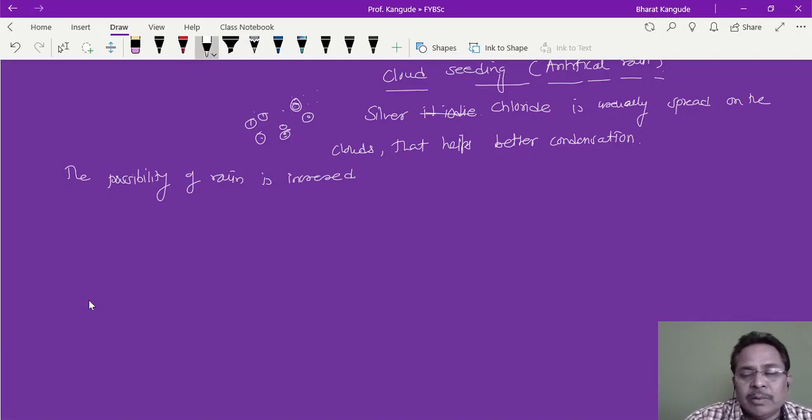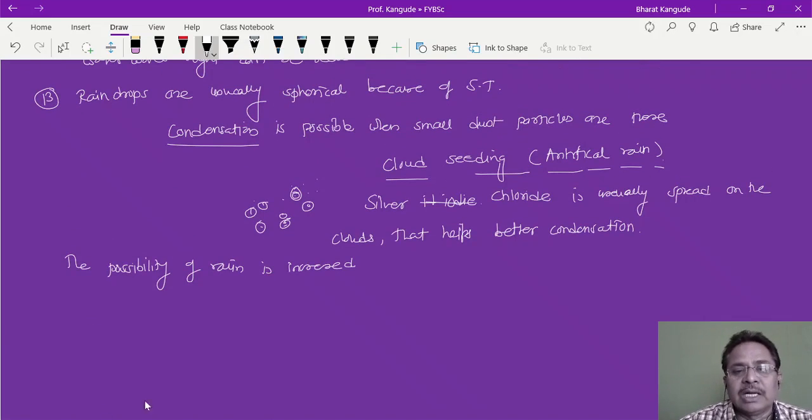So you might have heard about this artificial rain. In artificial rain we spread some material like silver chloride or silver iodide on the clouds, and whenever this is done, the condensation process takes place very fast. Such drops are formed easily, and then the possibility of rain is increased. So artificial rain is another very good example of surface tension.